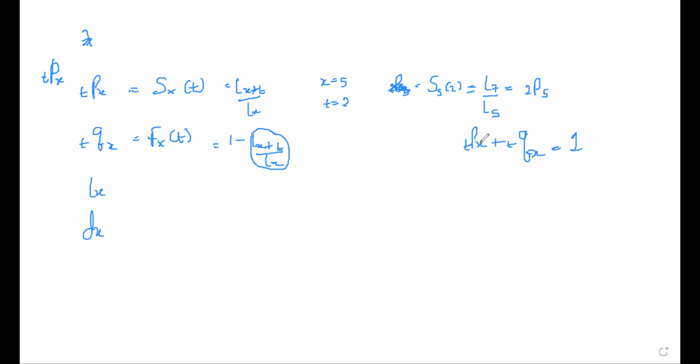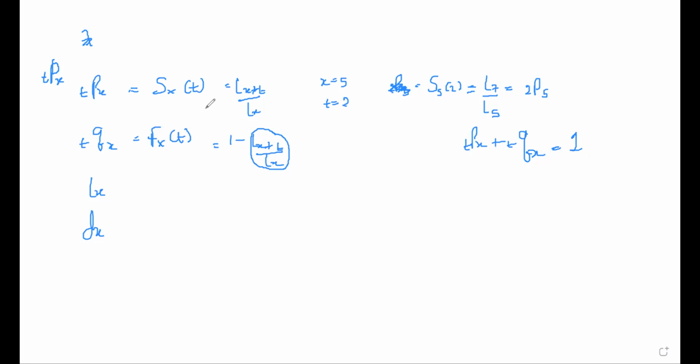So if you're currently age x and then by time t you are alive, it means you didn't die. So if you sum these two probabilities, you are definitely going to die or survive. That's how come the sum of their probabilities is equal to 1. That's how you're able to say that tqx is equal to 1 minus tpx, and tpx is l(x+t) all over lx. So please take notes.